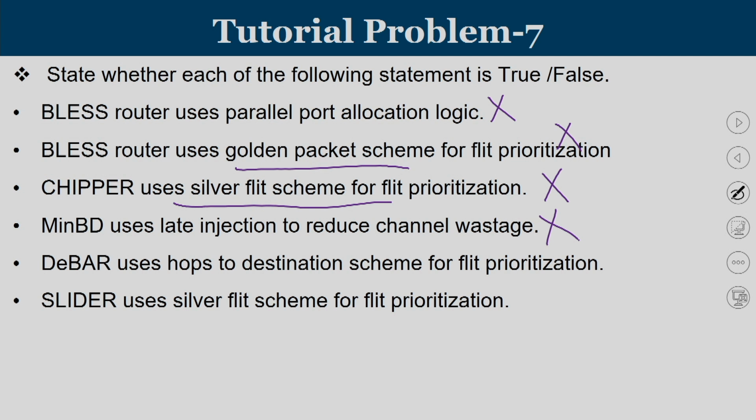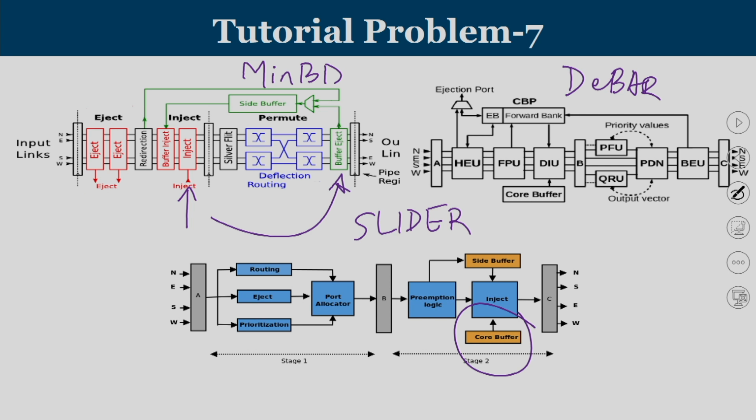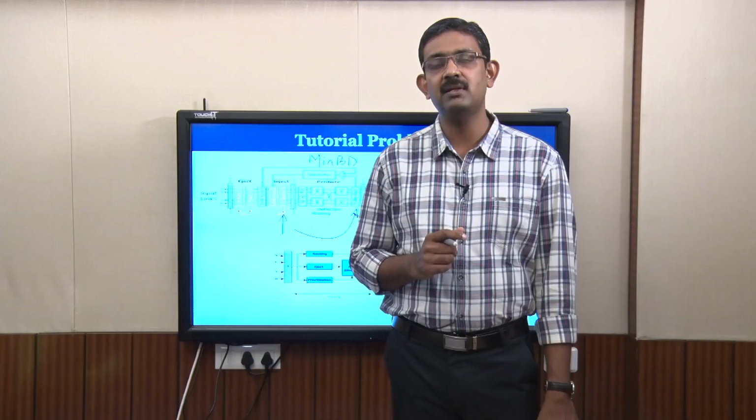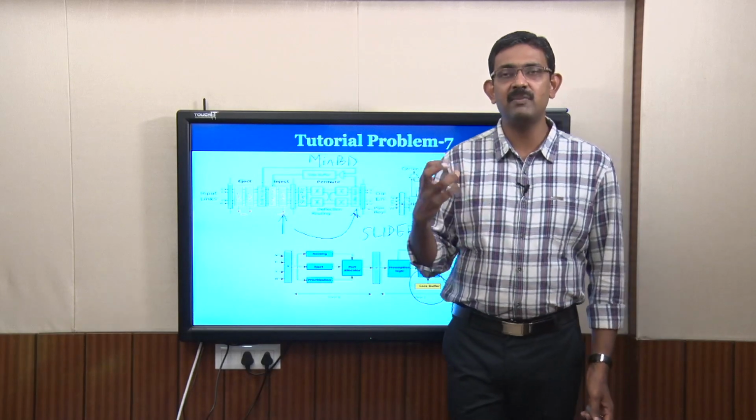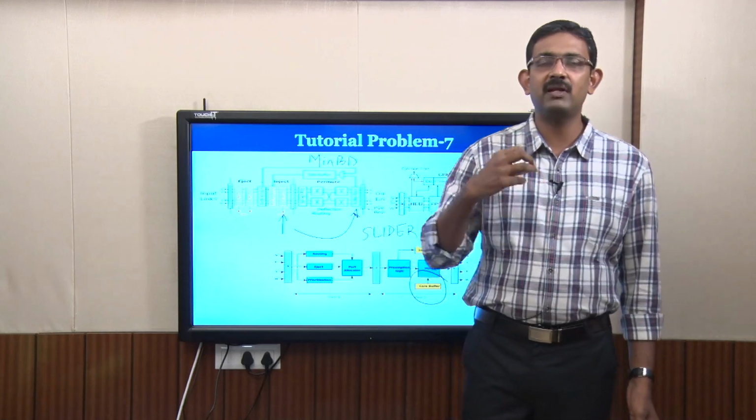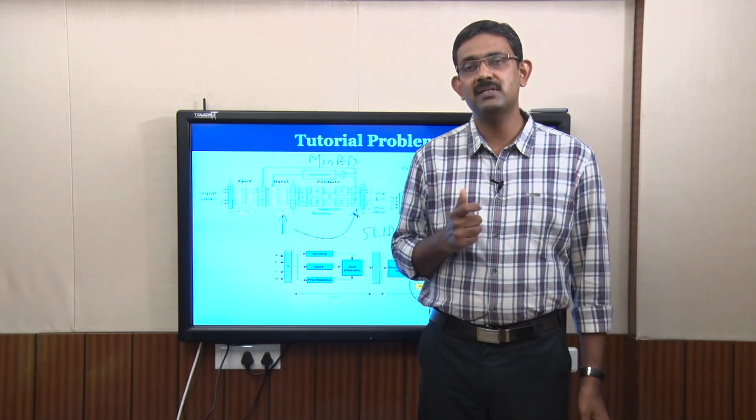Now the fifth statement, DBAR uses hops to destination scheme for flit prioritization. DBAR has a priority fixing unit, to mitigate the problems with MinBD, which is using the silver flit concept and golden packet concept, which are not ensuring progress, because the silver flit mechanism will select one of the flits arbitrarily at random to become the silver.